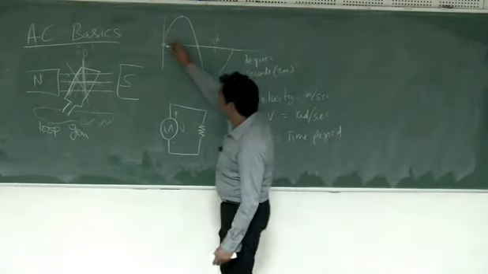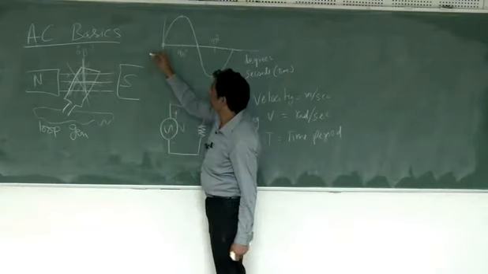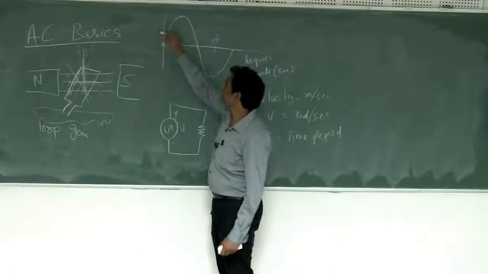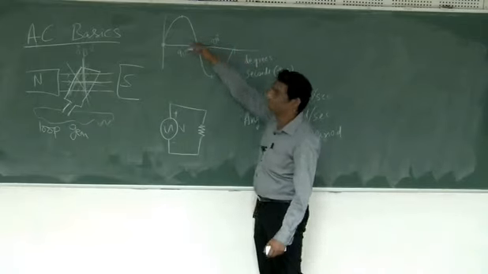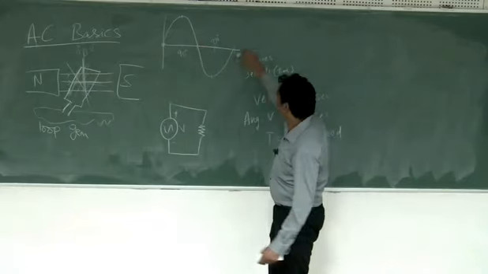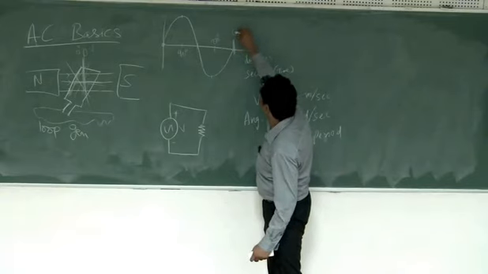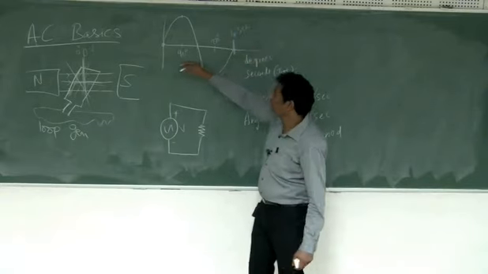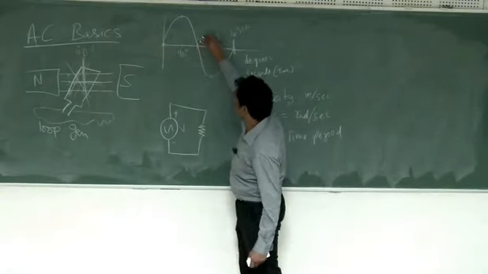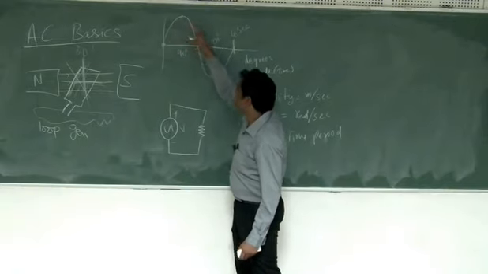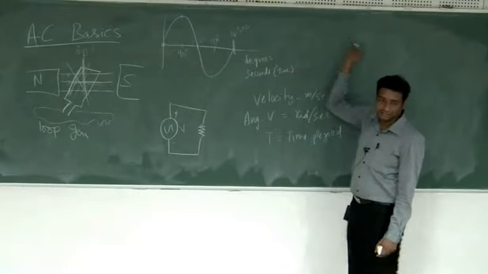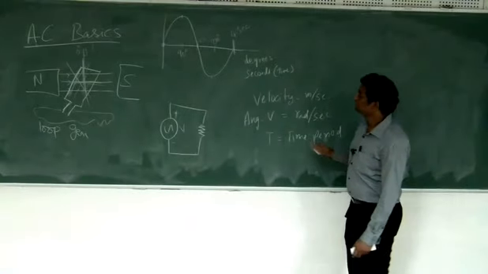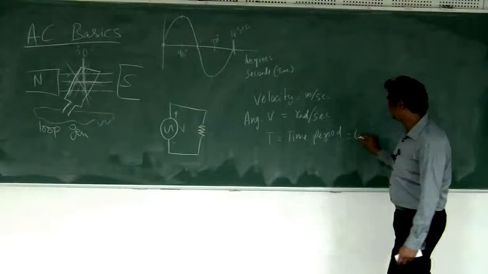That means if I start a clock at this point, how much time will it take to complete one cycle? 1 plus and 1 minus is one cycle. Let's say this point is 4 seconds. So in 4 seconds, this is 2 seconds, this is 1 second. In 4 seconds, I am finishing one cycle, and then in 8 seconds, 2 cycles, and so on. So in that case, capital T is 4 seconds.